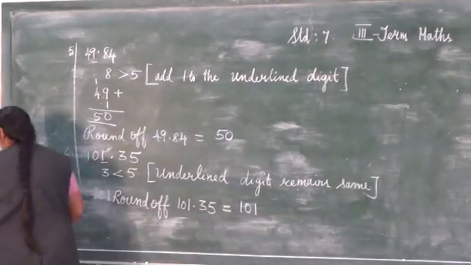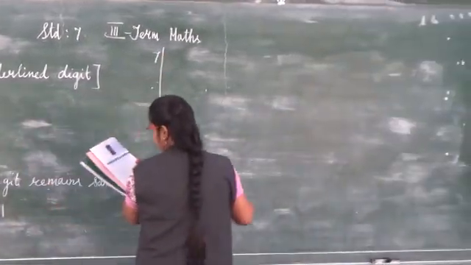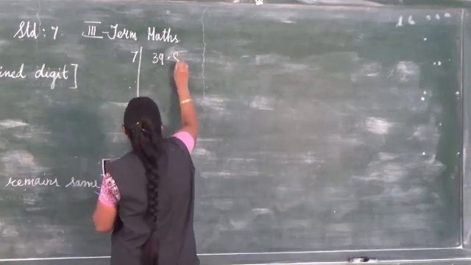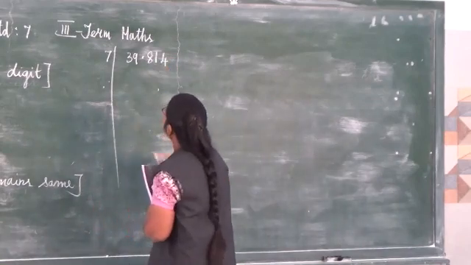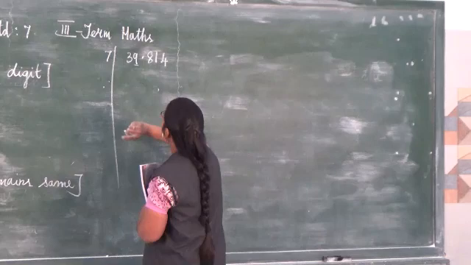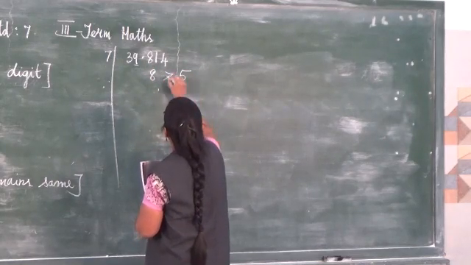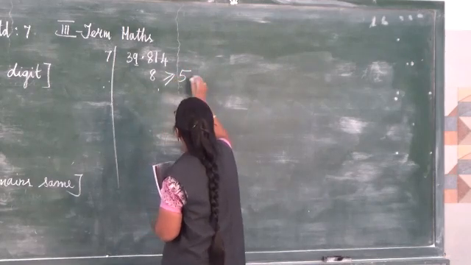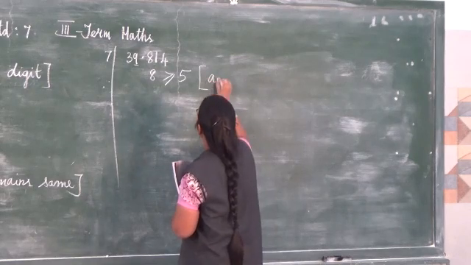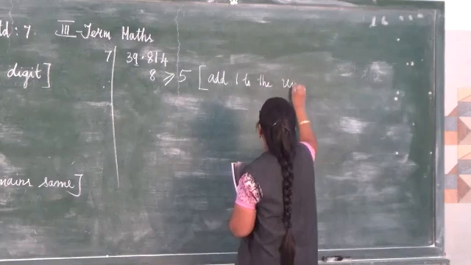Then the next one, the seventh one, 39.814. Now 9 is the underlined digit of the whole number part. We take the next number, 8, which is greater than or equal to 5. So what do you have to do? Add 1 to the underlined digit.